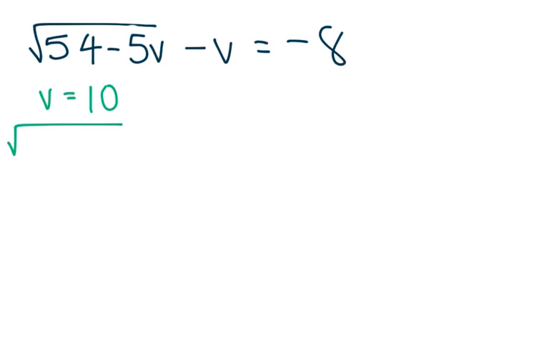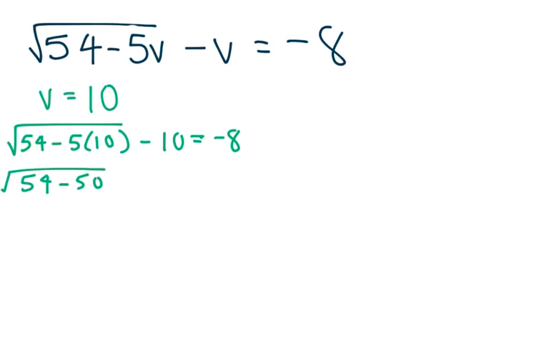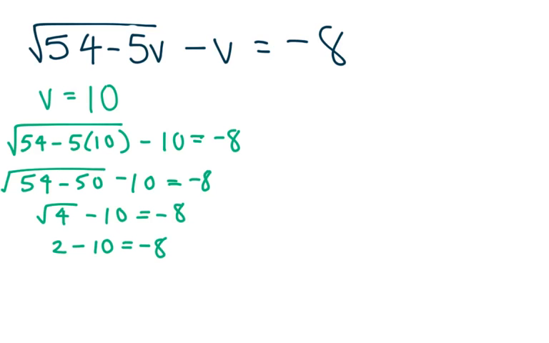So we've got square root of 54 minus 5 times 10, minus 10 equals negative 8. 54 minus 50, minus 10 equals negative 8. Radical 4 minus 10 equals negative 8. 2 minus 10 equals negative 8. That is true. So v equals 10 works.